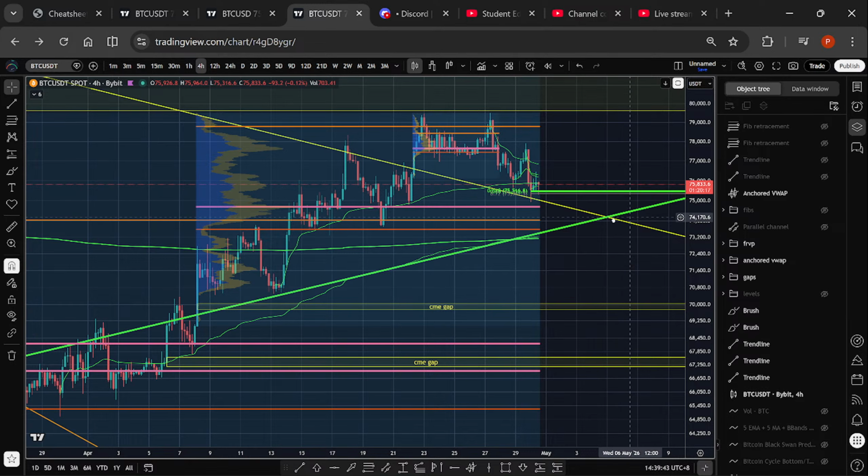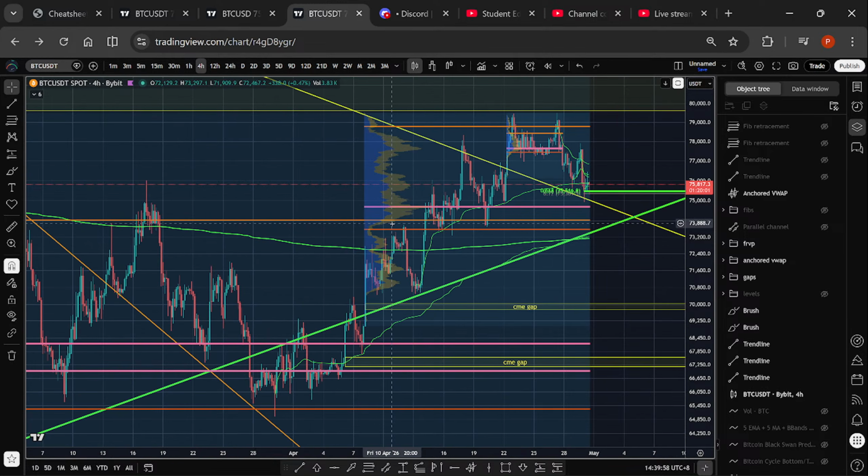And then, as I said, that would line up with this green trend line and those levels that I just showed you before, around 74, 73k, lining up with the VWAP. Or this could be the touch and then it rips.